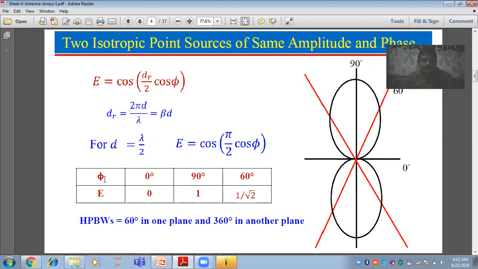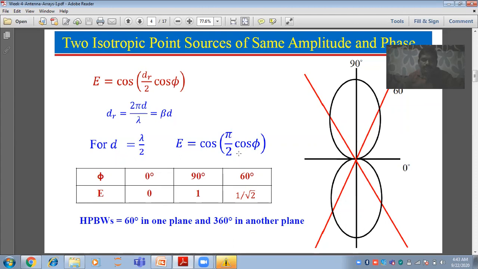You take different values of phi, and similarly the resultant field here. Take phi equal to 0 degrees. Therefore cos 0 equal to 1, so that is 1 into pi by 2.